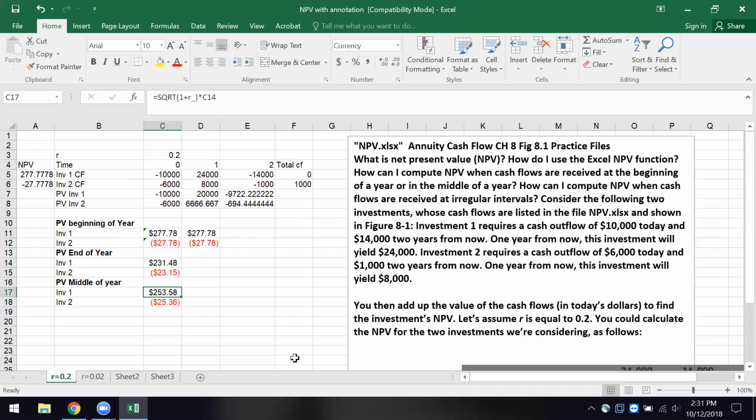Now, what this tells me as an investor, if the present value of the money is more at the beginning, then I want to pay in at the front end, all right, as opposed to the back end, because your money has less value. And over time, if you're paying for stuff on time and your payments are at the end of the month, you'll end up paying more money.